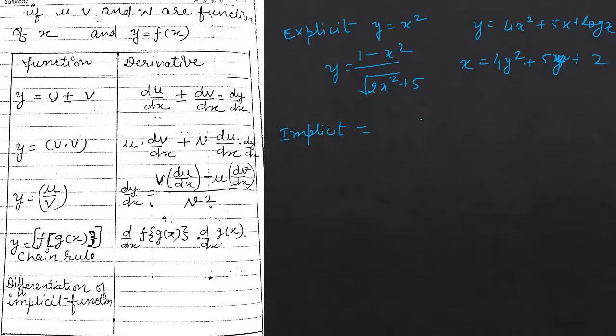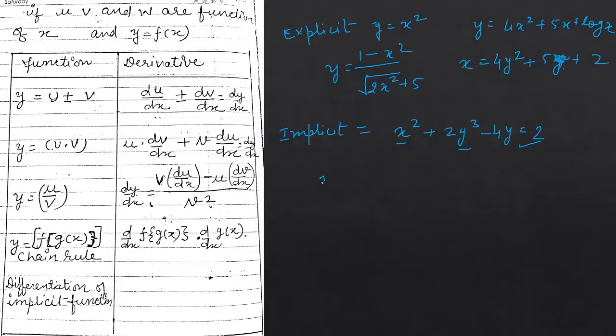For example, if I write x square plus 2y cube minus 4y is equal to 2, in this we cannot separate x and y. We cannot represent this function in terms of either x or y. So this is called implicit function.